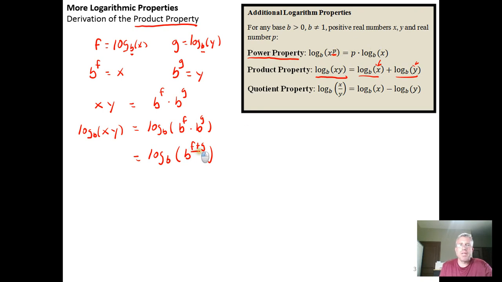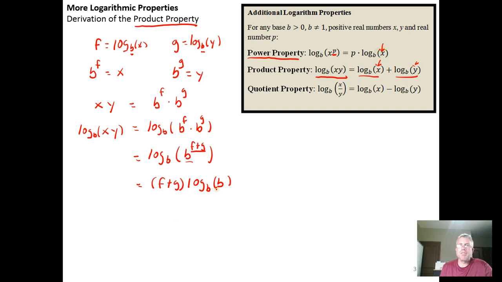And right here I have the exponent f plus g. So I'm going to pull f plus g down front, and this is going to be multiplied by log base b of b. The base is left inside the log function.